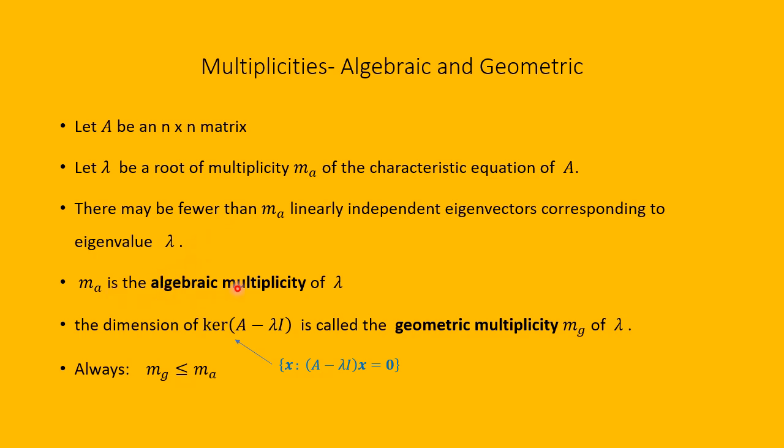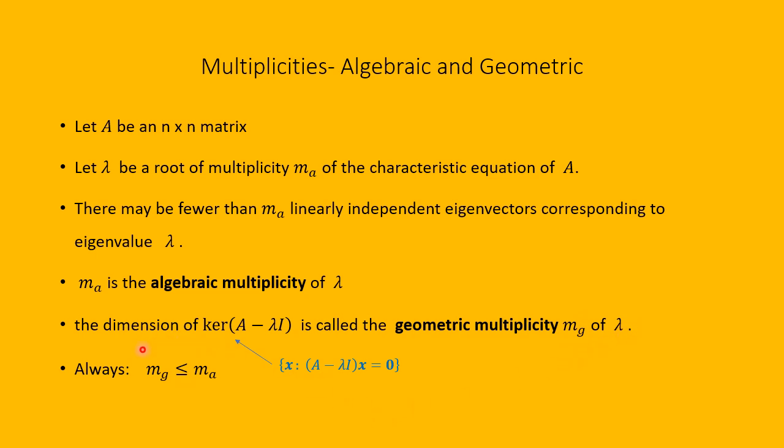M sub A is called the algebraic multiplicity of lambda. On the other hand, the dimension of the kernel of A minus lambda I is called the geometric multiplicity, and I'll call that m sub G of lambda.